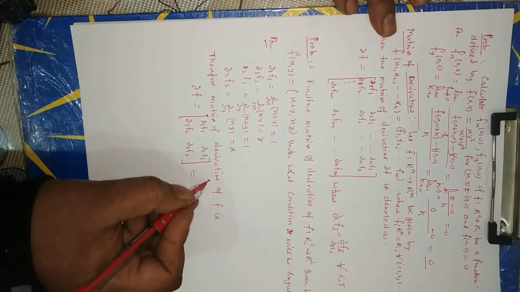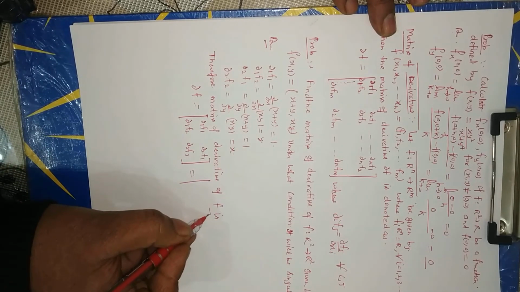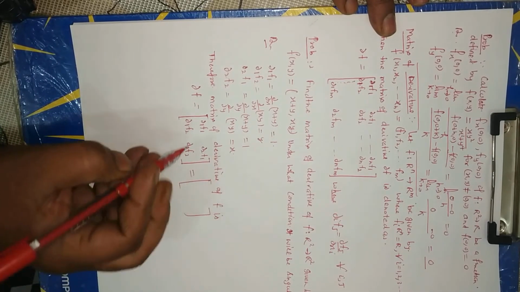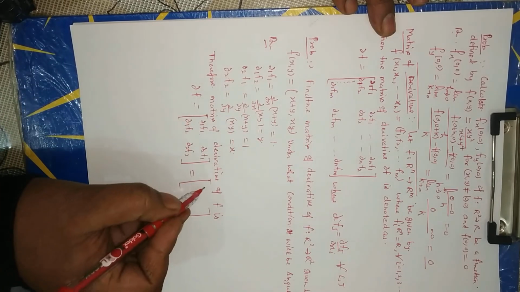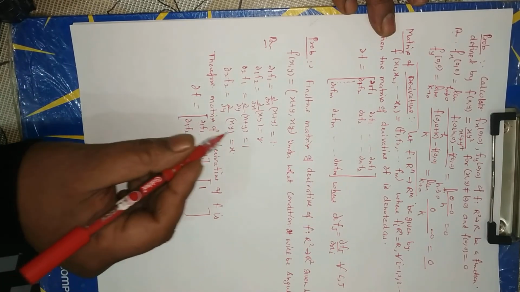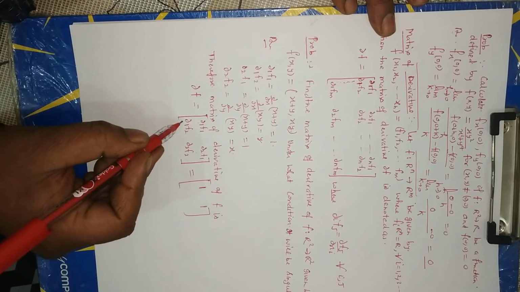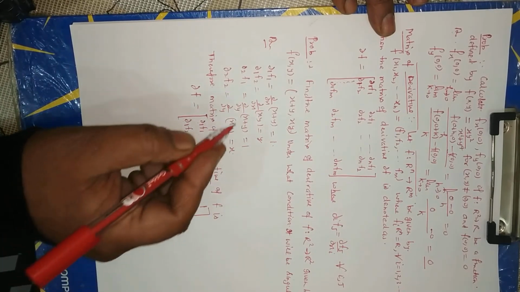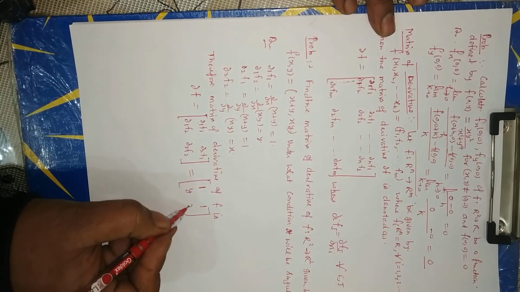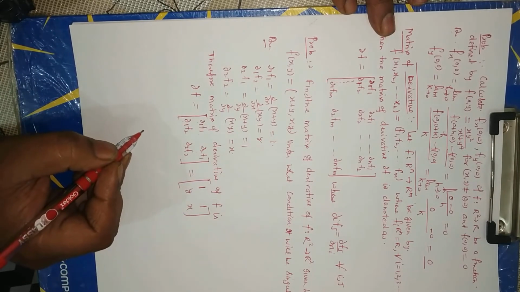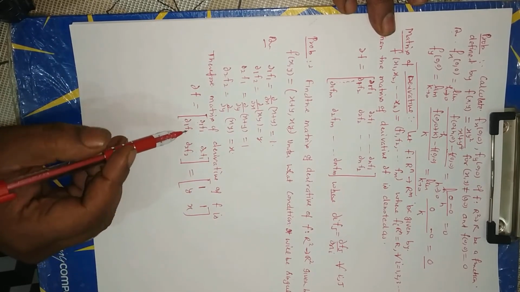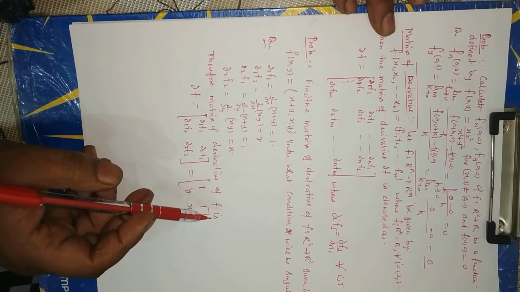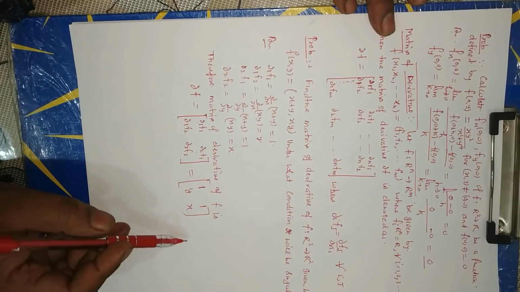This is equal to the matrix with rows 1, 1 and y, x. The value of del1 f1 is 1, del2 f1 is 1, del1 f2 is y, and del2 f2 is x. Okay. This is the matrix of derivative of f denoted by del f.